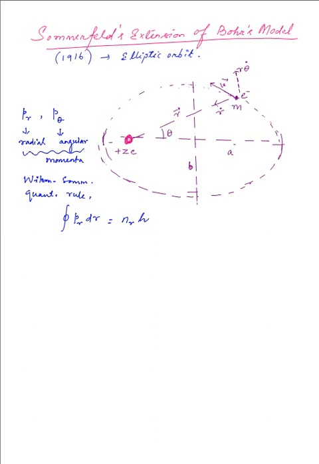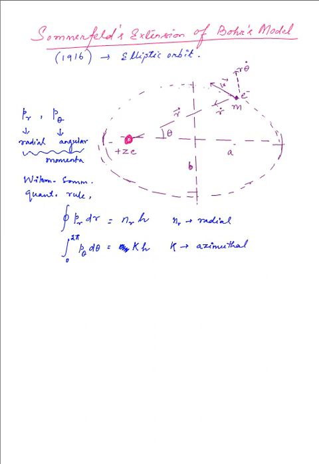Similarly for p theta, the integral from 0 to 2 pi of p theta d theta is equal to k h, where k is again an integer and h is Planck's constant, and n_r is the radial quantum number, whereas k is the azimuthal quantum number.